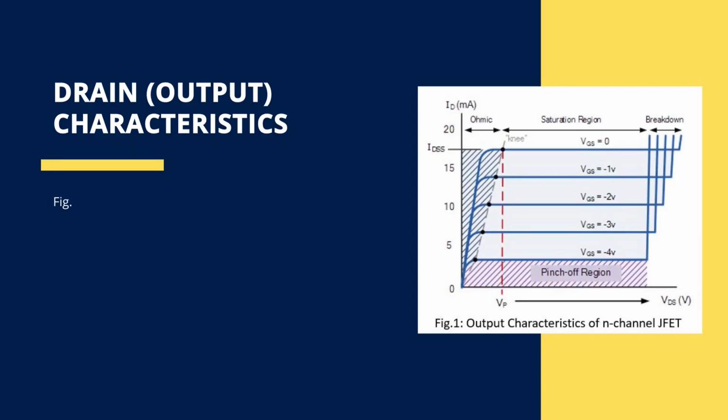The important characteristics of JFET are the drain characteristics and the transfer characteristics. The following section explains these characteristics in detail. Figure 1 shows the drain characteristics of an n-channel JFET.